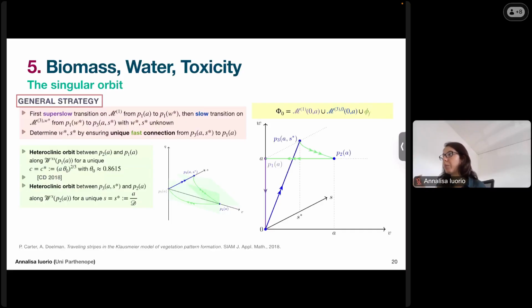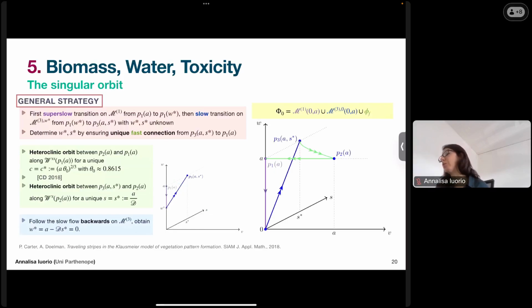The second part of the orbit, the one going from P3 to P2, is what actually gives us the value for S star, which has to be equal to A over D. And once you know P3 of A, S star, you only need to follow the slow flow backwards, and this will give you the value of W star, which in this case has to necessarily be 0. So that's why you see it pictured in the sketch really going through the origin, because this is what you get from the analysis.